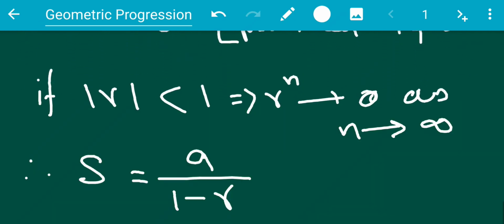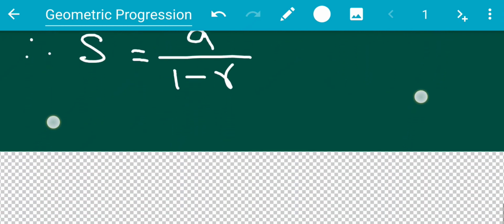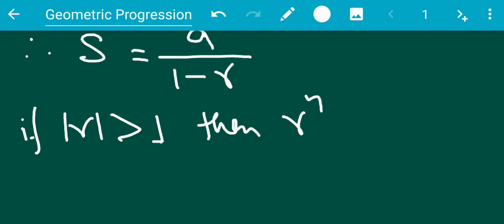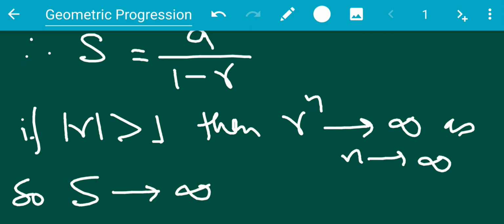What happens if mod r is greater than 1? Then r to the power n tends to infinity as n tends to infinity. So S tends to infinity.